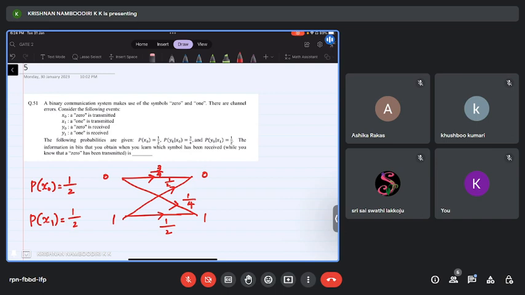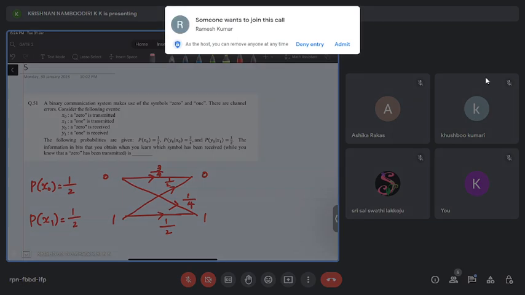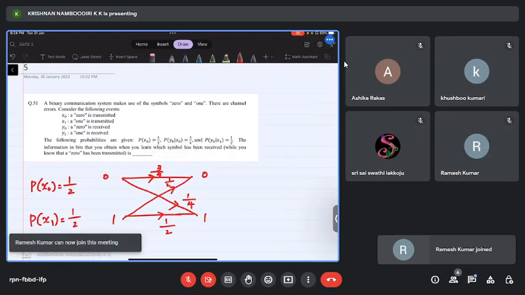Okay. So now let us first of all see the definition of what information means. Basically it is asked to find out the information in bits that you obtain when you learn which symbol has been received. So previously when I told you about entropy, I told you that entropy is nothing but measuring the uncertainty in a random variable, right?